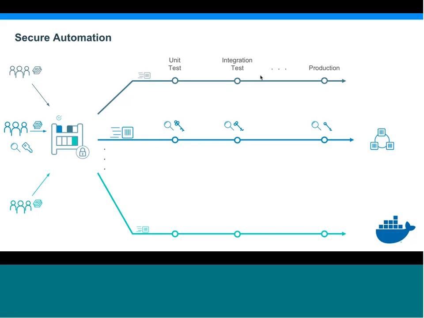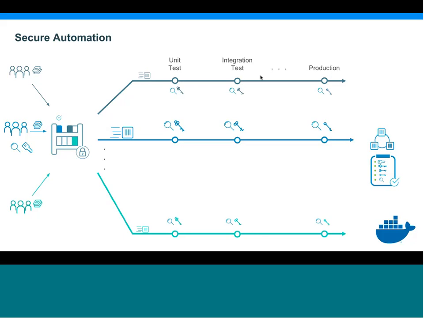So as we go through this process, we're going to follow that same methodology that we talked about, where we sign things and scan things at each phase. That signature essentially becomes a stamp of approval that we've passed a particular phase and it's ready for the next phase. And that helps us set up this whole automated chain, ensuring that software only goes to the next phase when it's been approved by every step before it.